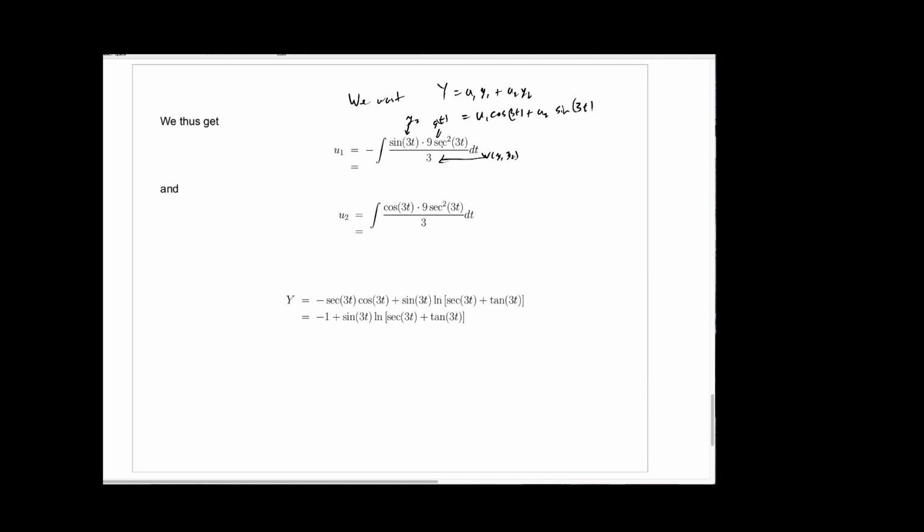And this integral actually simplifies pretty nicely. The 9 over 3 is 3. So we have minus 3 times the integral of sine of 3t times secant squared of 3t. We take one of the secants to make it sine over cosine, which is tangent of 3t, and then we have left over a secant of 3t. So we have secant of 3t, tangent of 3t, dt.